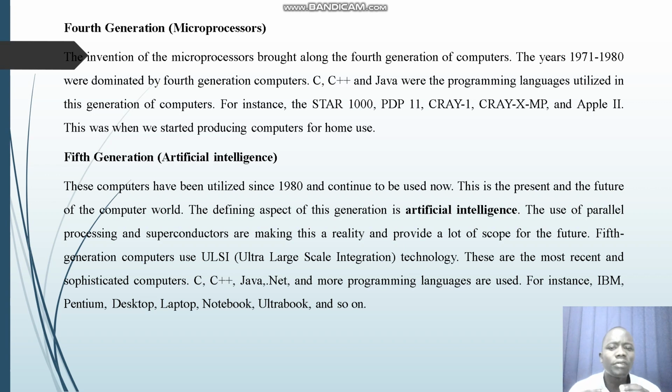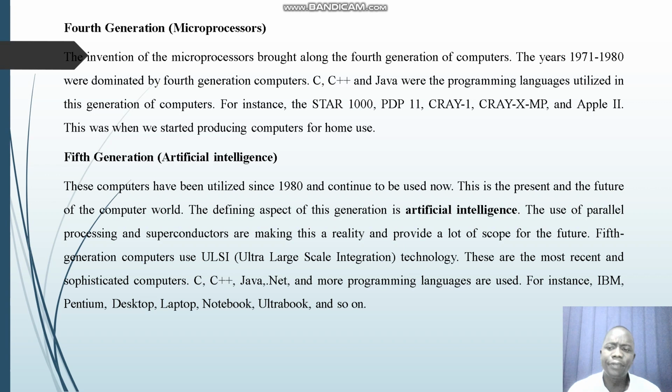For example, the Star 1000, the PDP 2, the Cray 1, the Cray XMP, and the Apple II. In this generation, this is when they started producing computers for home use.